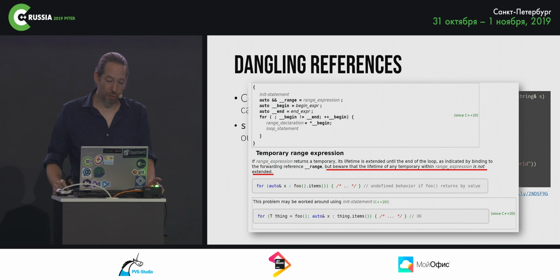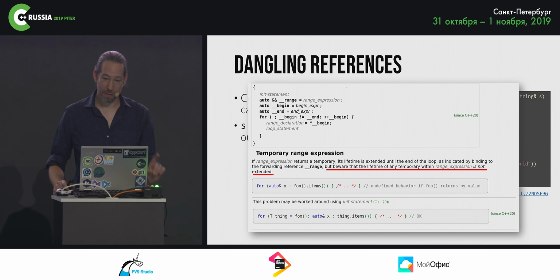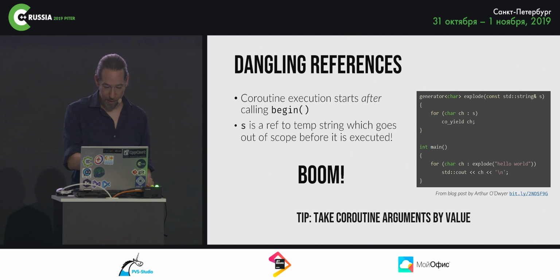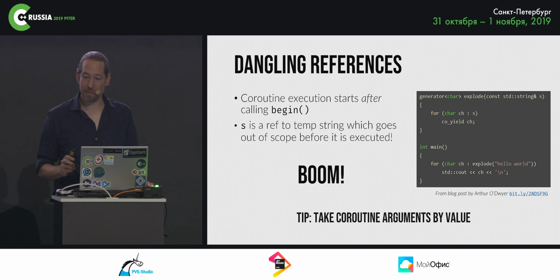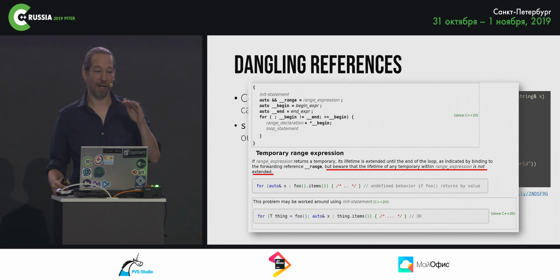So although we do have temporary lifetime extension of the objects when we're creating the generator itself, so the generator which is created by explode is getting lifetime extension, the string that's passed to it does not. So by the time that we begin executing the coroutine, that string is already long gone.